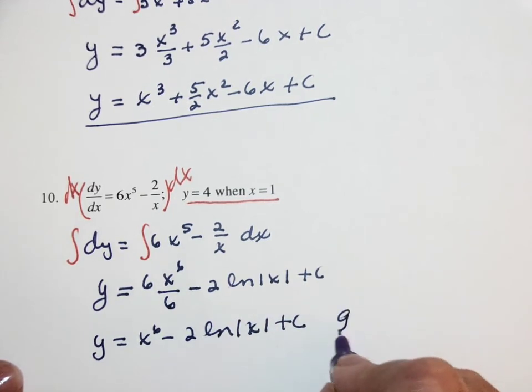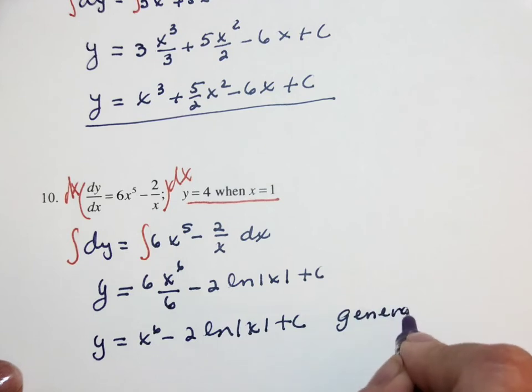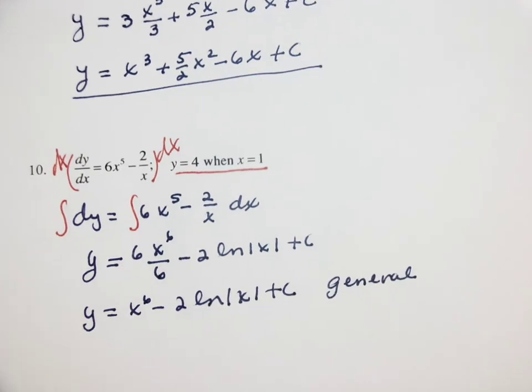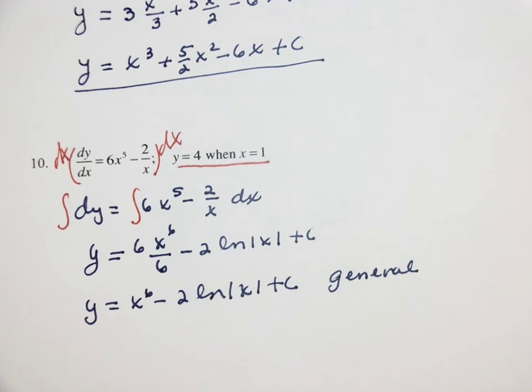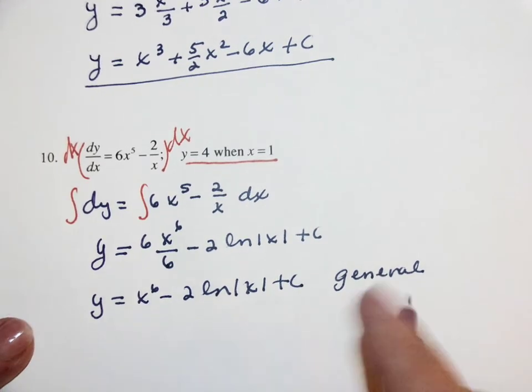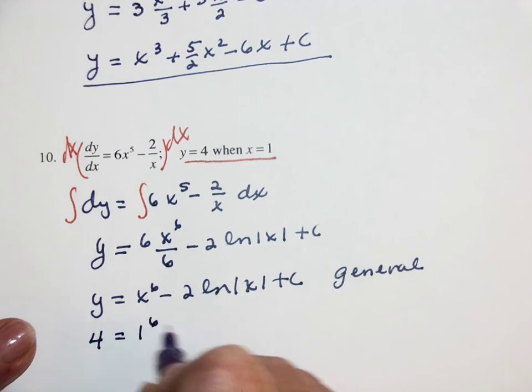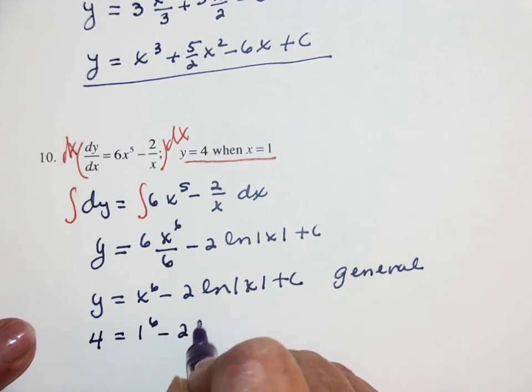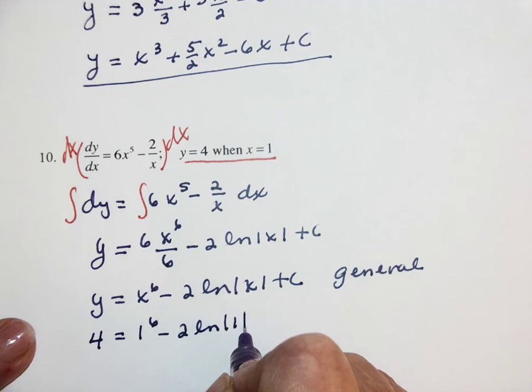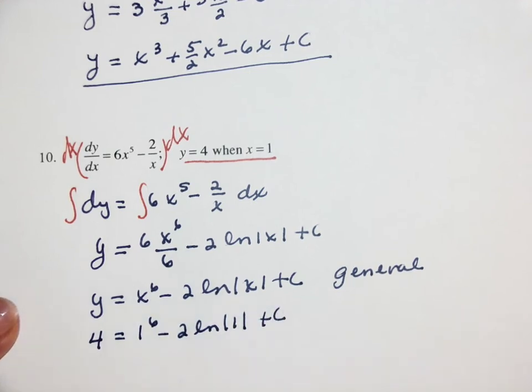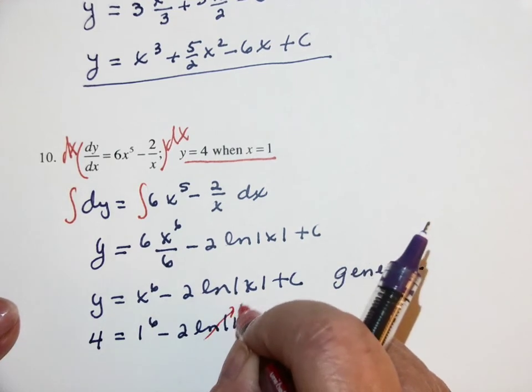Now this is your general form. When I'm interested in something specific, and it says if y equals 4, x equals 1, so 4 would be 1 to the sixth minus 2 natural log of the absolute value of 1 plus c. Natural log of 1 is 0.